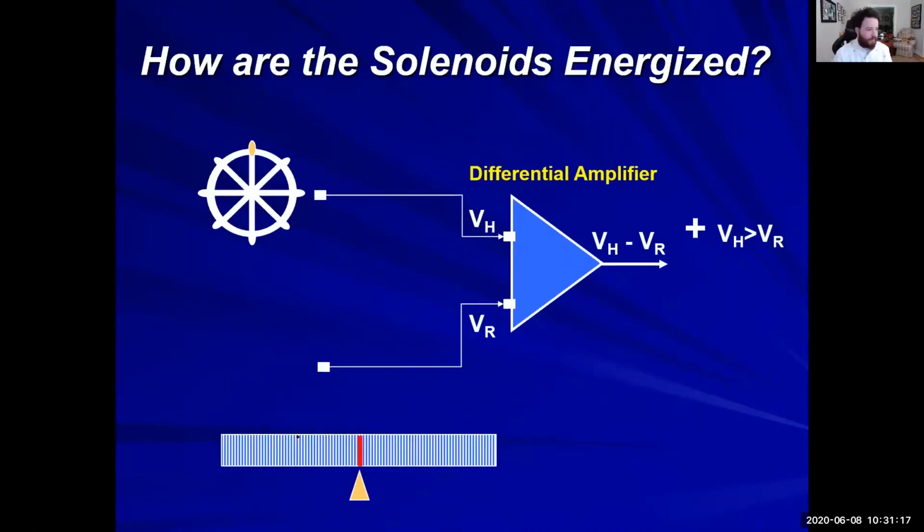Basically what's going on here is a logic circuit. What we have is our voltage of H and our voltage of R. So we have the voltage of the helm and the voltage of the rack as inputs. And what we're going to be seeing is the voltage of H minus the voltage of R, plus what's going on at our outlet.